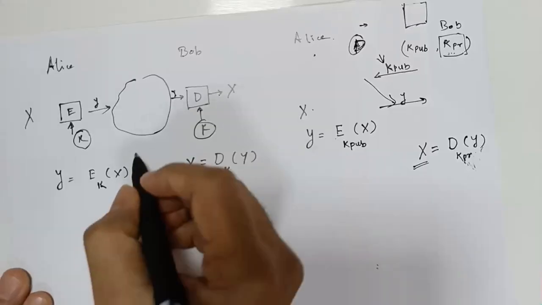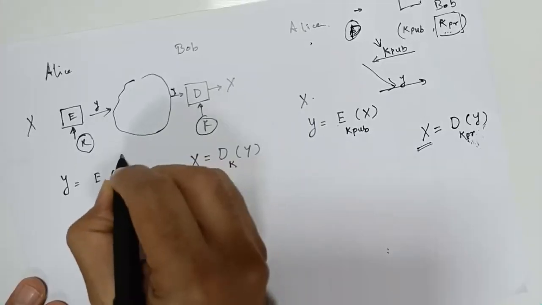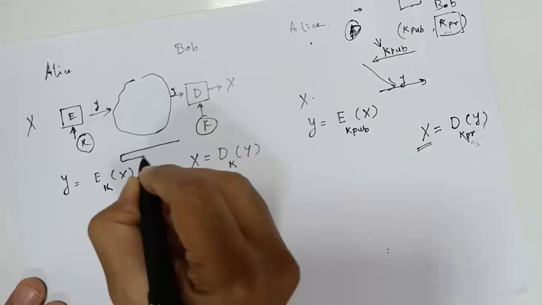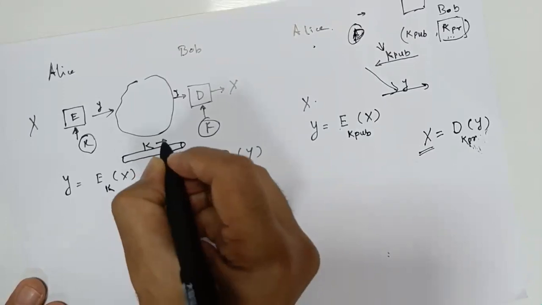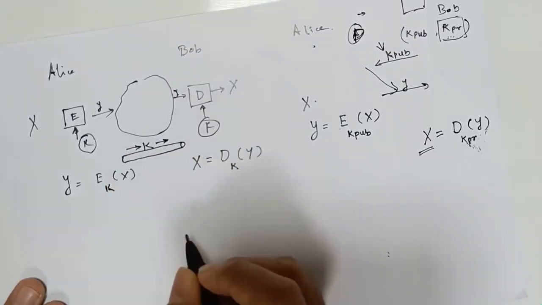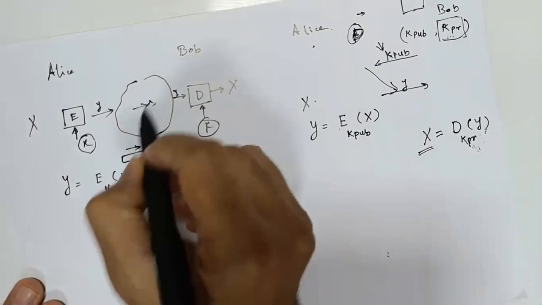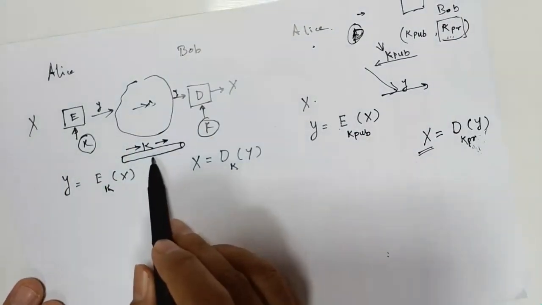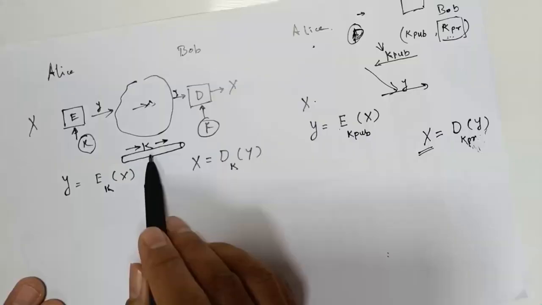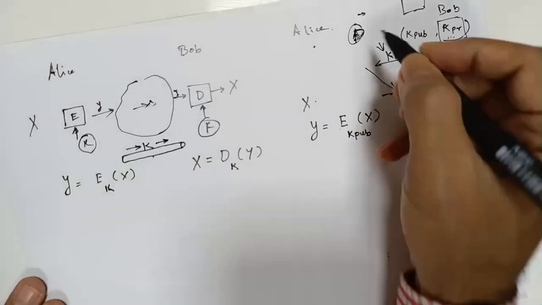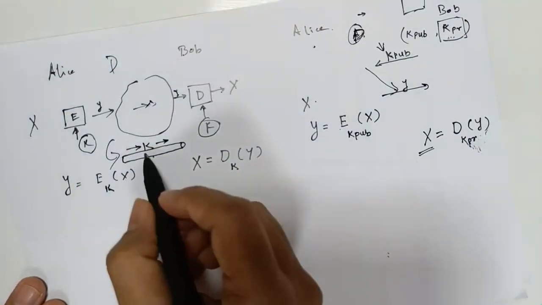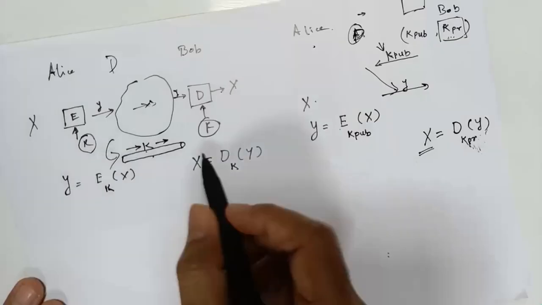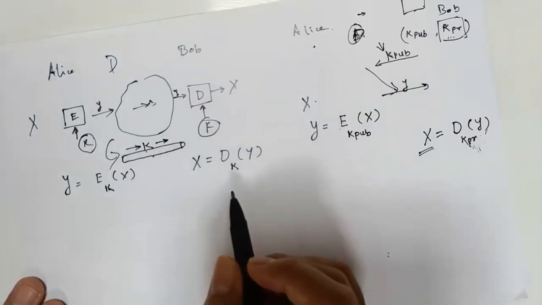So you should have some secure channel through which you can share the key itself, not through the internet but through some other channel. You have to make sure that this channel is so secure that an attacker cannot access it or get hold of this key. Otherwise, there is no point in doing encryption and decryption. So this is the problem.